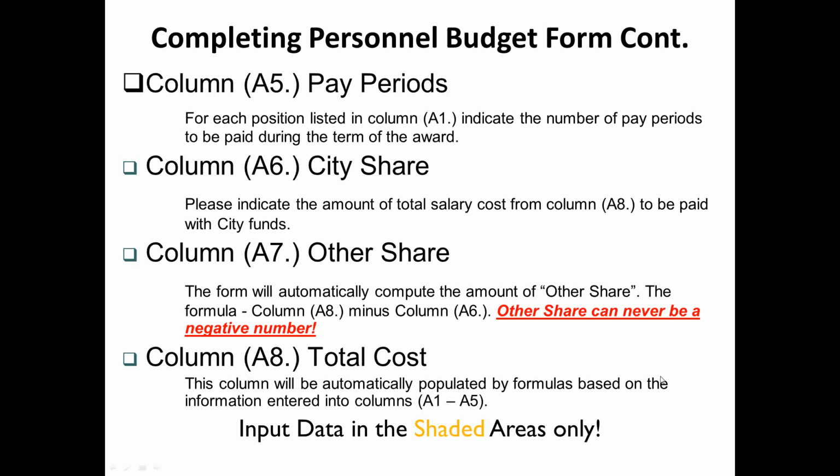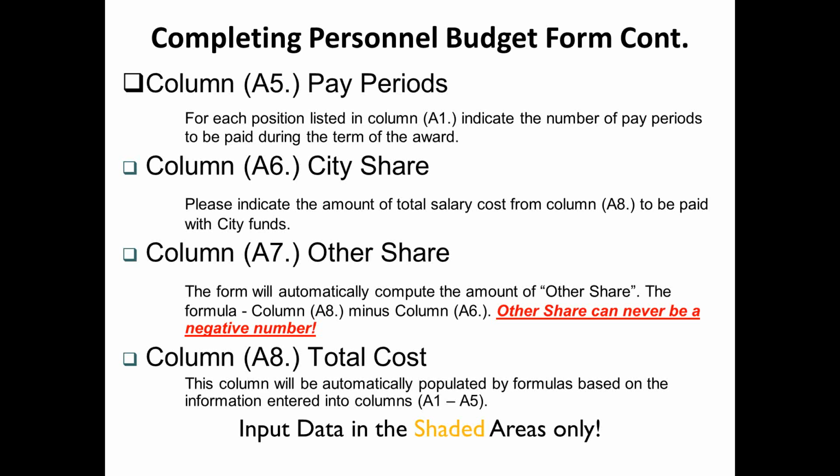City share, and we got column A6. The city share is the amount of total costs from column A8 to be paid with city funds. So when you're preparing the budget, the first thing you do is prepare the budget for total costs.